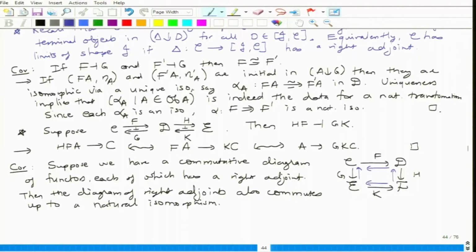The reason for that is, first of all, if F and H both have a right adjoint, then what is a right adjoint for their composition? It's the composition of their right adjoints, that follows from the previous result. And similarly for KG. So both of them are right adjoints, but we know that HF is equal to KG.